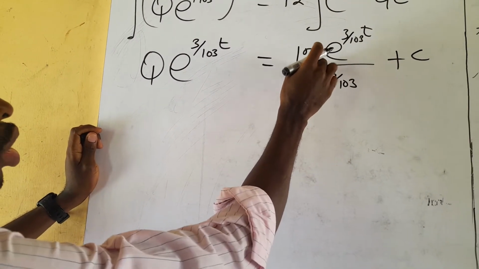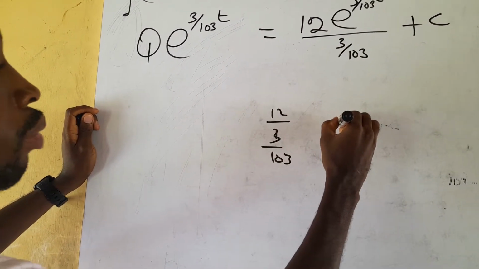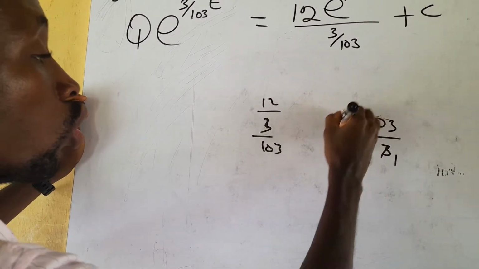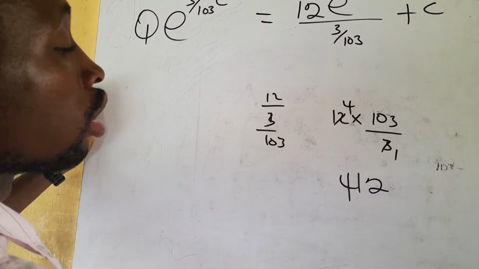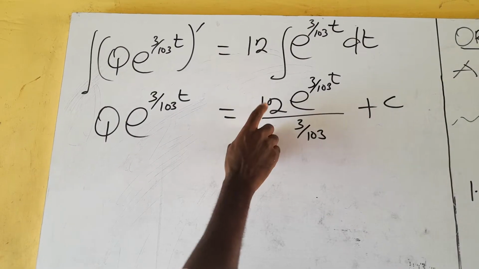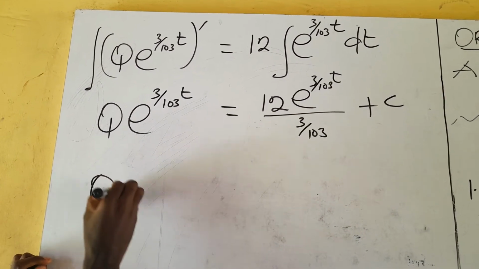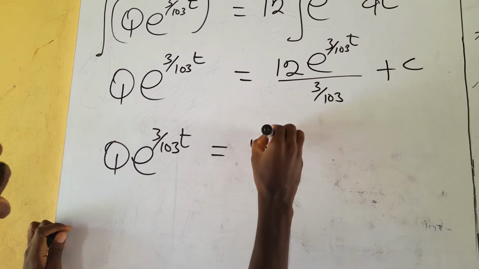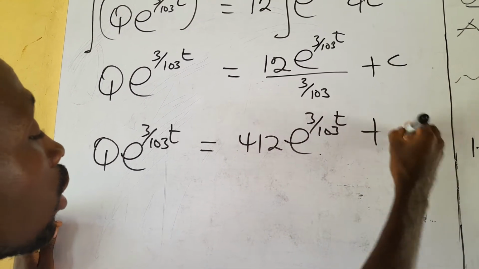Now we can solve this. 12 over 3 over 103 is the same as 12 times 103 over 3. 3 will go into 12 4 times. 4 times 103 will be 412. So we can say that q e to the power 3 over 103 t will be equal to 412 e to the power 3 over 103 t plus c.